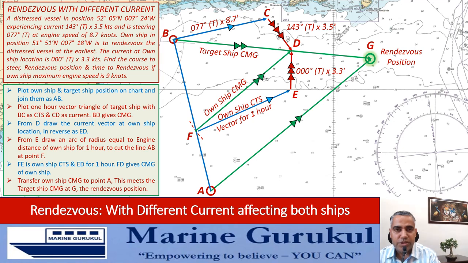Now, as discussed in earlier examples, the time to rendezvous may also be calculated using the target ship data. How can we do that?